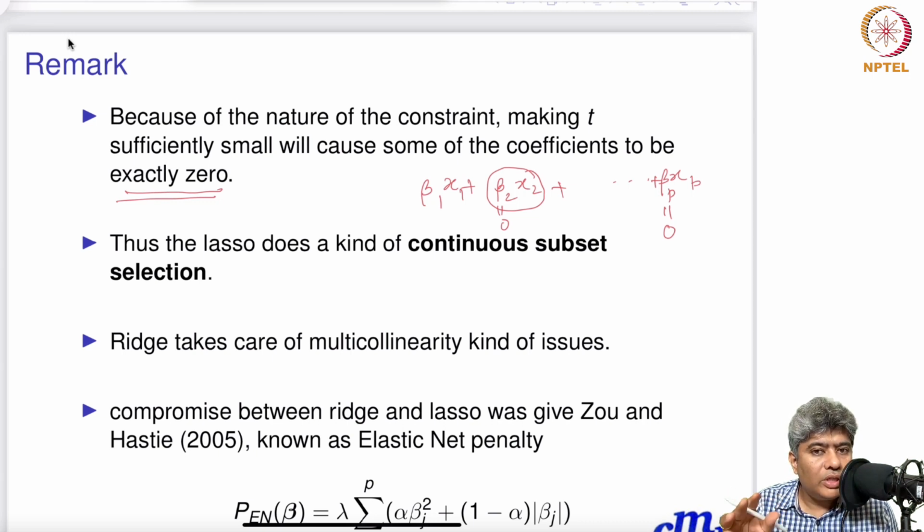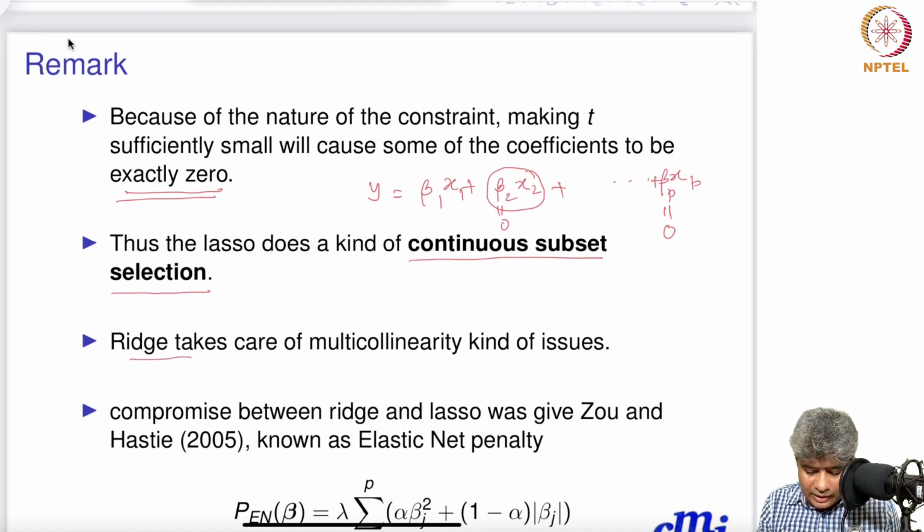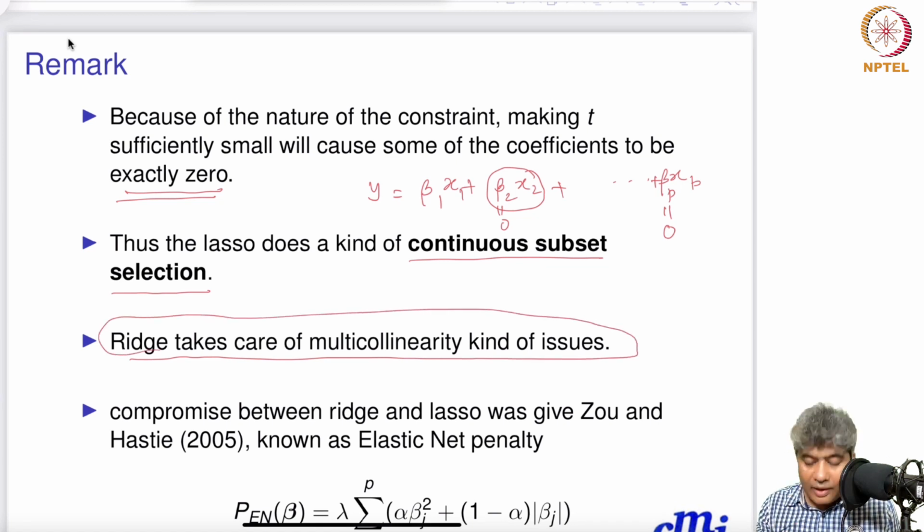while dropping the predictors or the features which have no effect on the y. So this phenomenon is called continuous subset selection. Now interestingly, Ridge takes care of the multicollinearity kind of issue, and LASSO takes care of the variable selection.